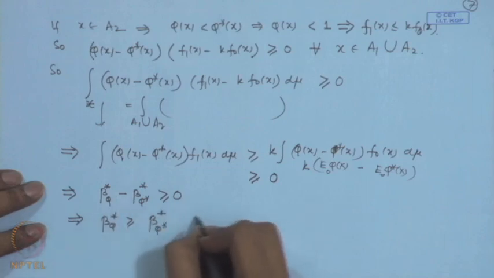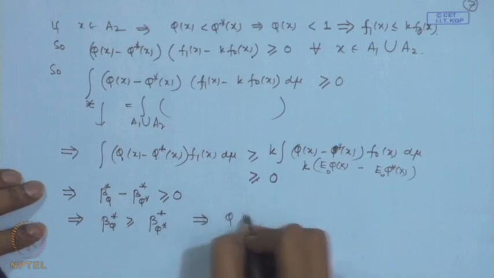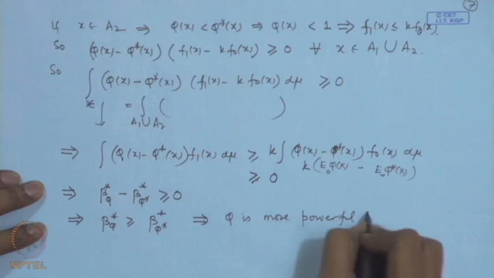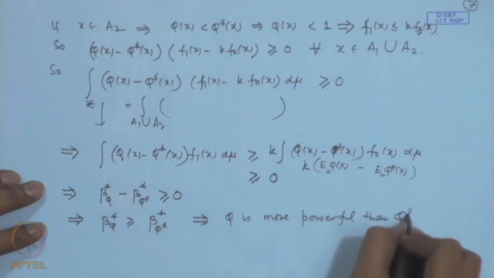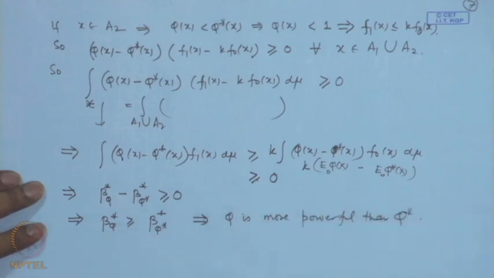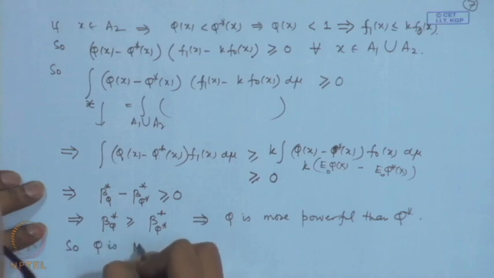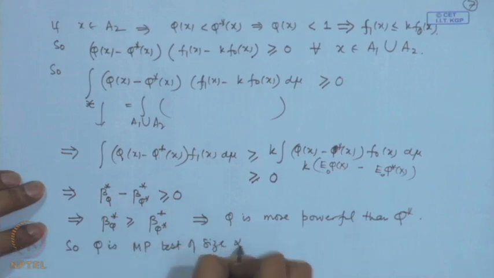So, phi is more powerful than phi star. Now, phi star was an arbitrarily chosen test of size alpha; we had assumed the expectation of phi star is less than or equal to alpha. So, phi is the most powerful test of size alpha.